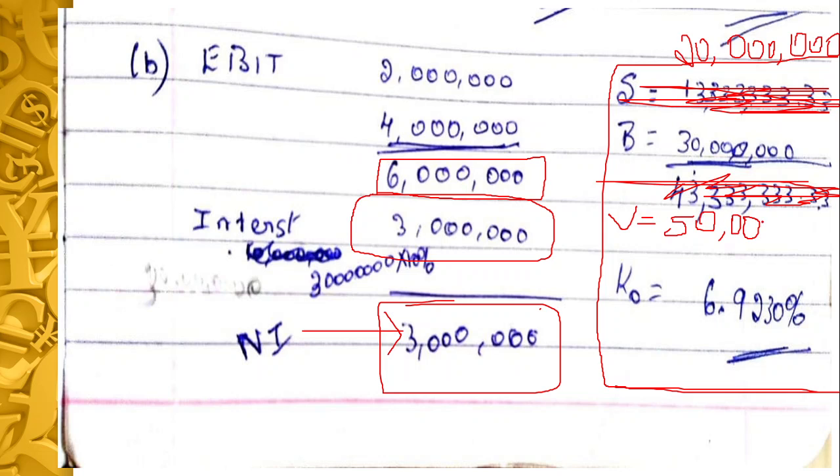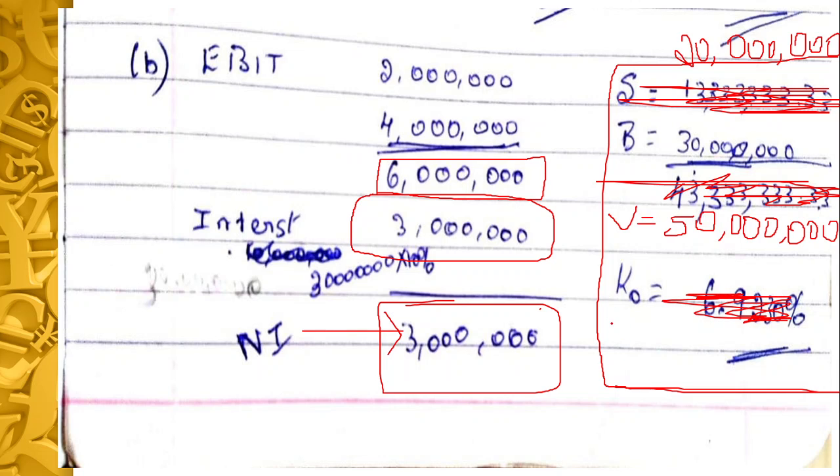Now, this particular problem I solved maybe around 130. So even after studying this for 4 years, if I can make a mistake, definitely if you study just before the day of the exam, there would be some kind of mistakes. Okay. So the total value of the firm stands at 50 million.